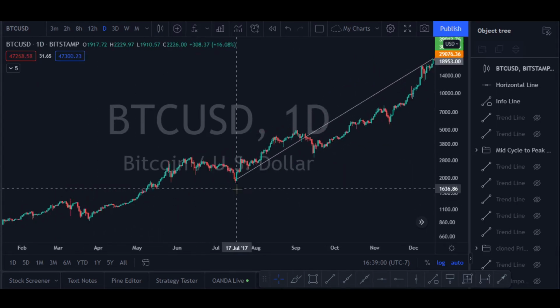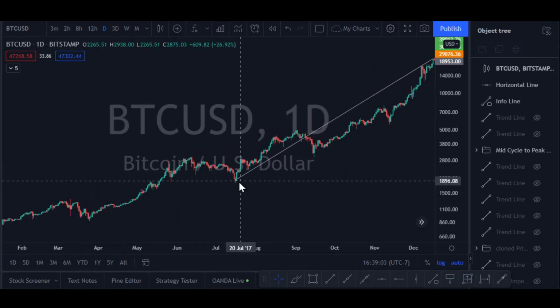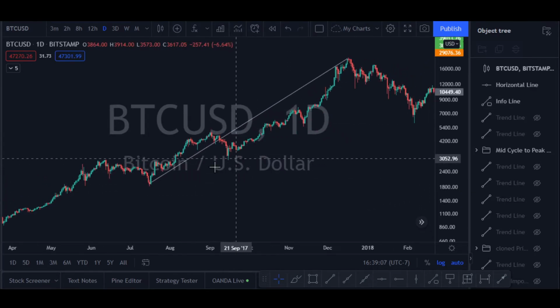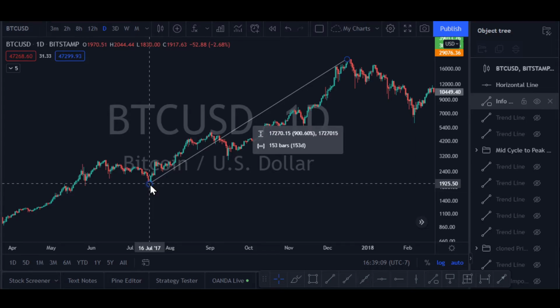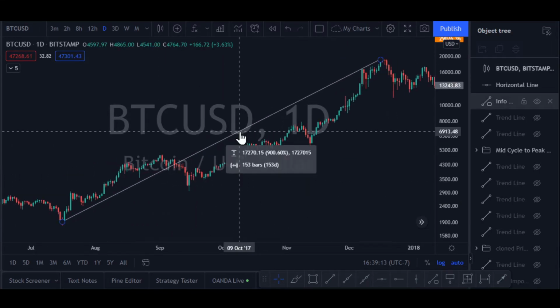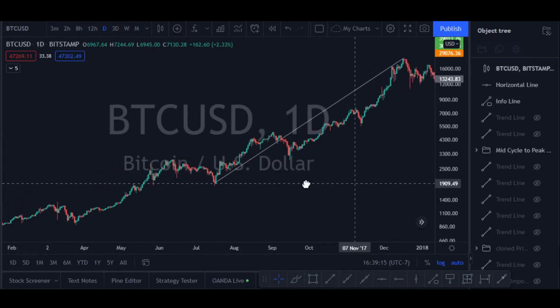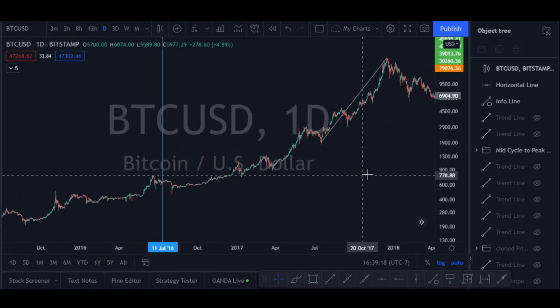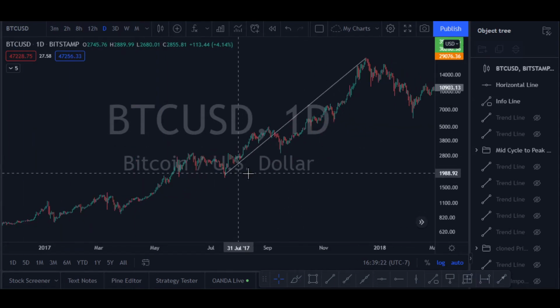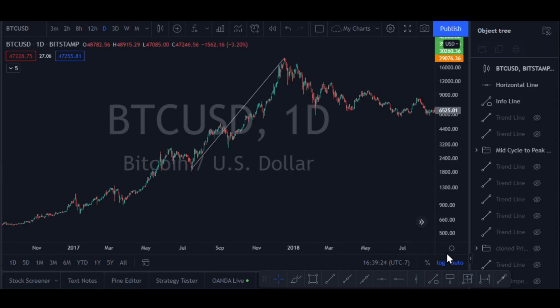Right about here, July. The low happens around the same time each year in mid to late July. In the second cycle, it was another about 153 days before making the new high. That's also the place where we're marking the mid-cycle dip, because that's where the 1.618 golden ratio is.